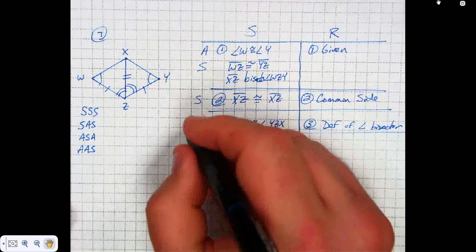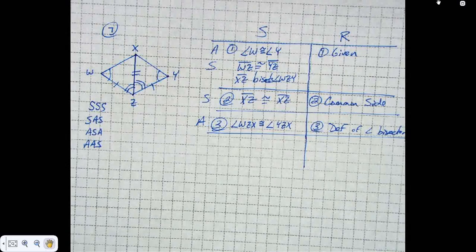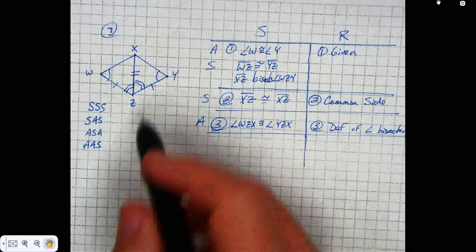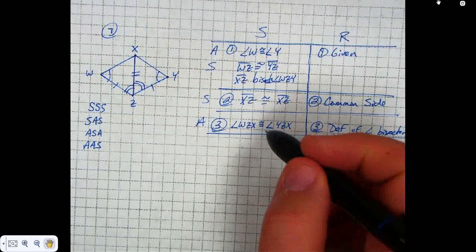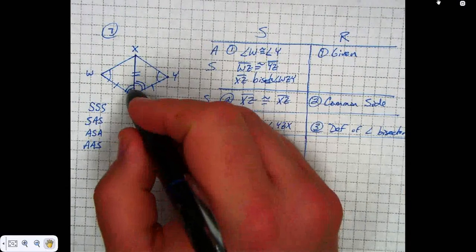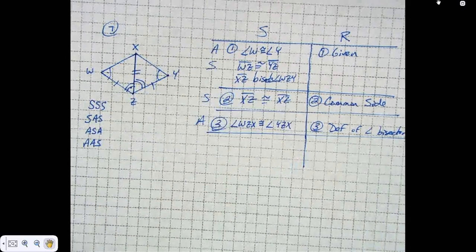Now I've got another angle. Do I have enough information? Yes. Anytime I have two angles and a side, I have enough information. But can I say it's one of those theorems yet? Well, it's this angle, this angle. Side, angle, side.